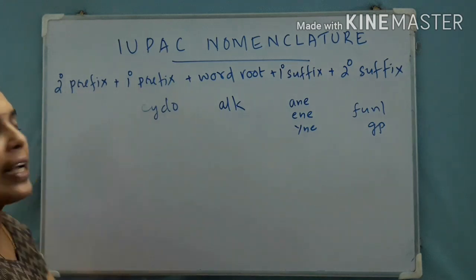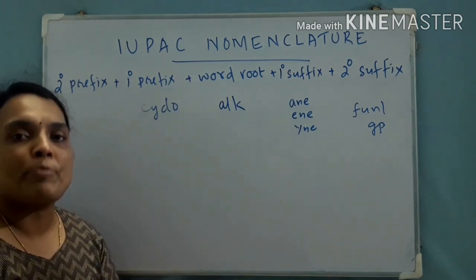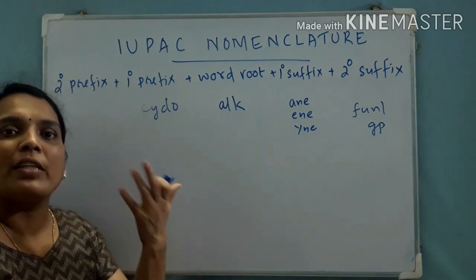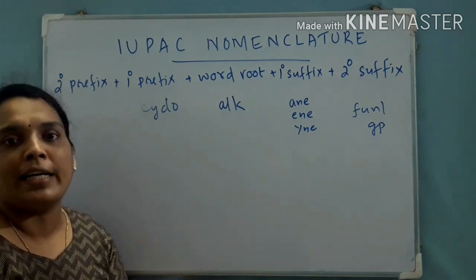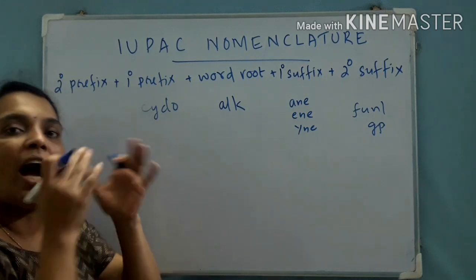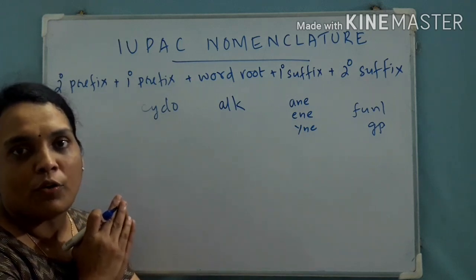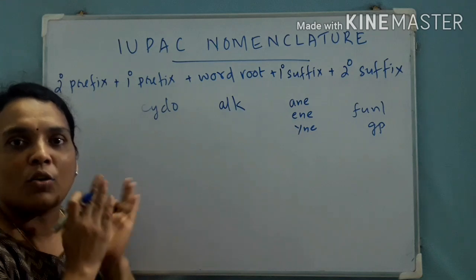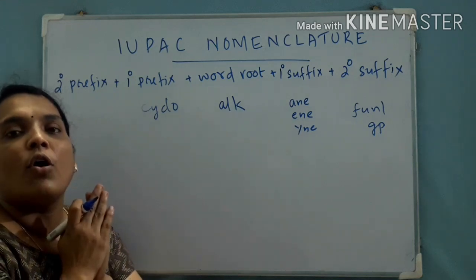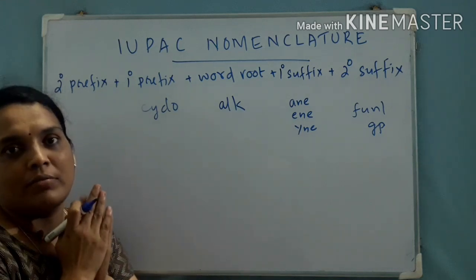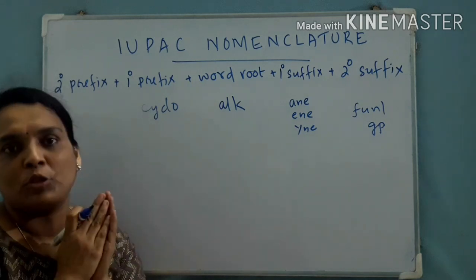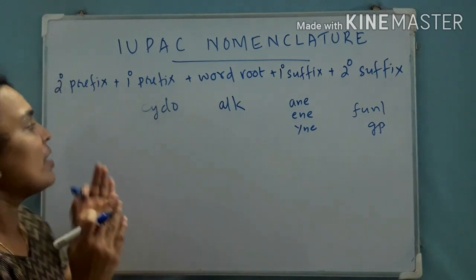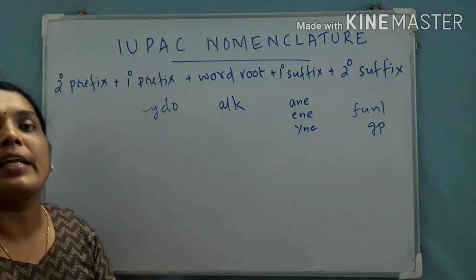Then come to secondary prefix, that is the substituent. Suppose methyl or ethyl or alkyl or halide substituents are present, we have to represent the substituent. Methyl, ethyl, chlorine, bromine, nitro. These all are the substituents. If a substituent is present, we have to mention it as secondary prefix.